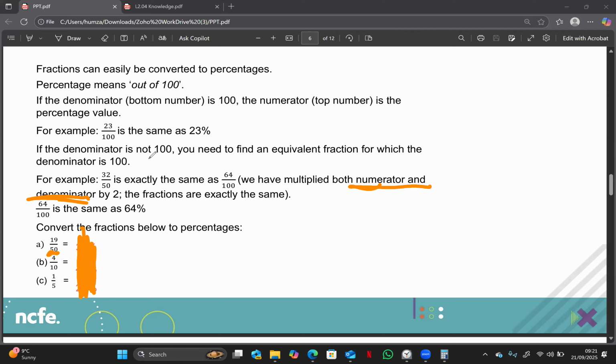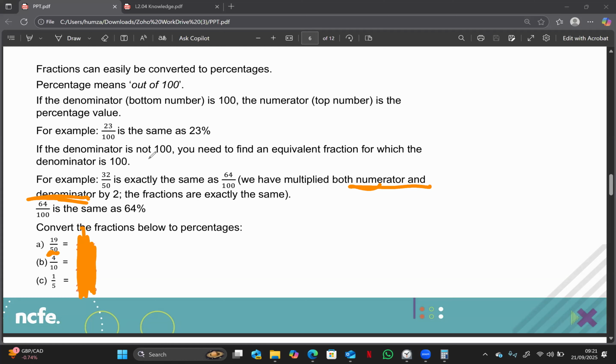If you divide 64 by 2, what's the answer? 32. Exactly. So what have we done from 32 to get to 64?